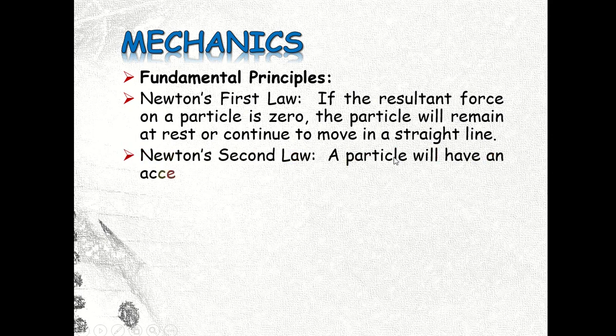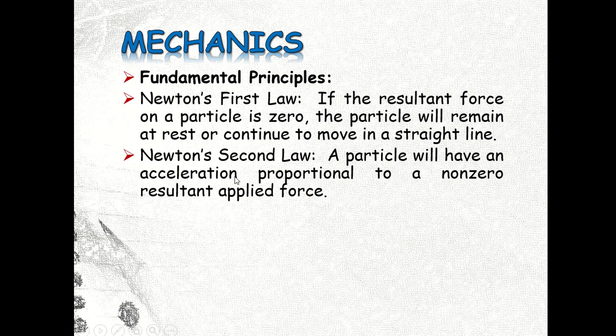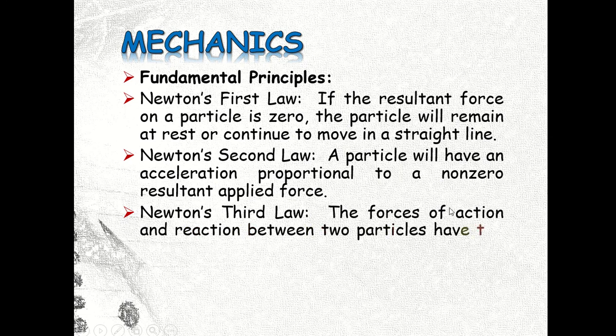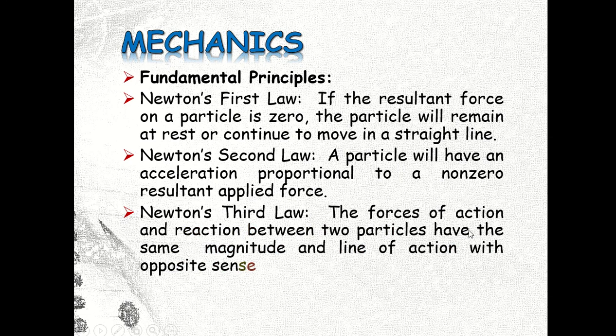The second law says that a particle will have an acceleration proportional to a non-zero resultant applied force. And the third law says that the forces of action and reaction between two particles have the same magnitude and line of action with opposite sense. So these are the laws that we are going to tackle as we go on in the coming topics. Then we have here the basic formulas.